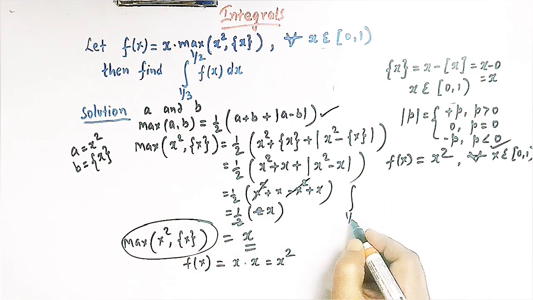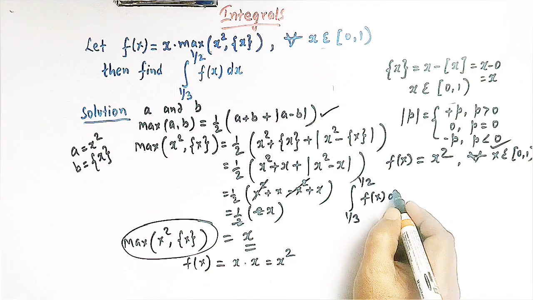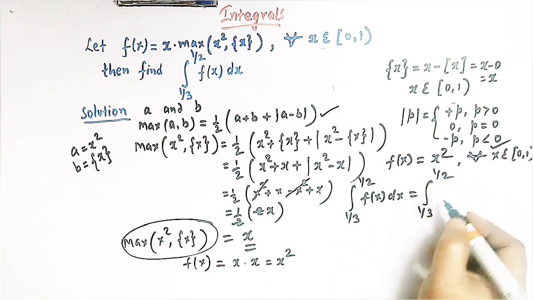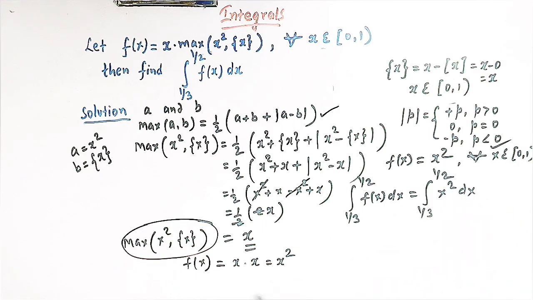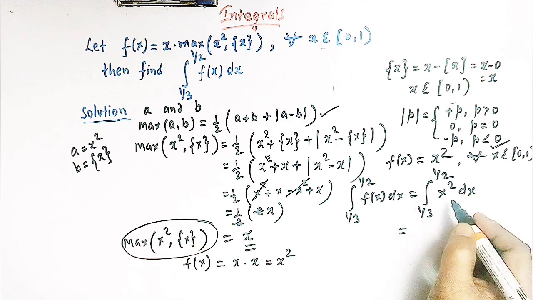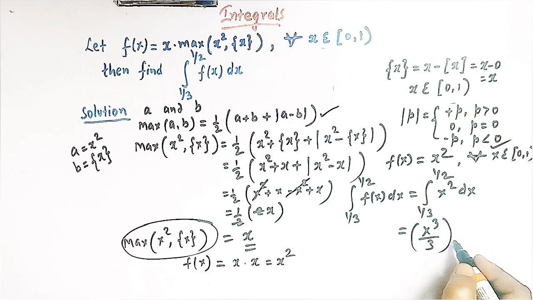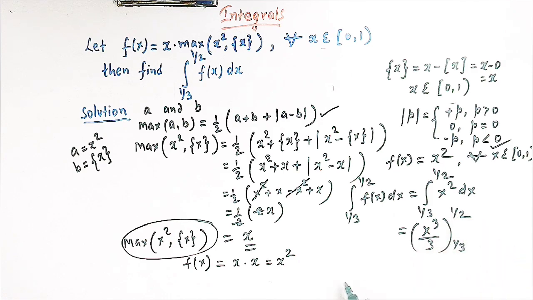So we have the integral from 1 by 3 to half of f of x dx is equal to the integral from 1 by 3 to half of x square dx. Now the integral of x square is simply x cube over 3, and here we have limits 1 by 3 to 1 by 2, right?